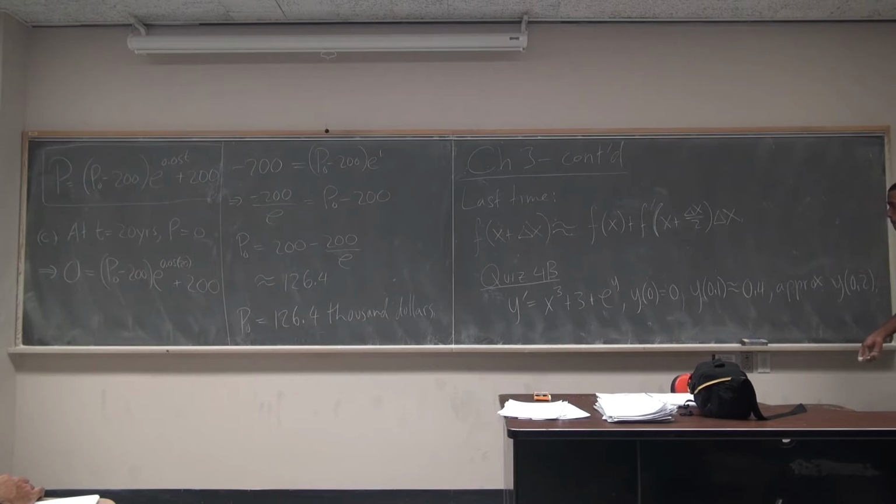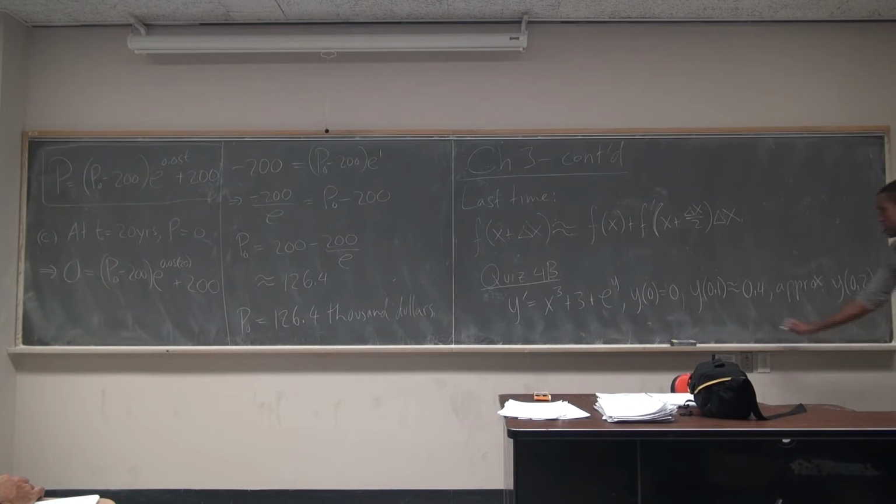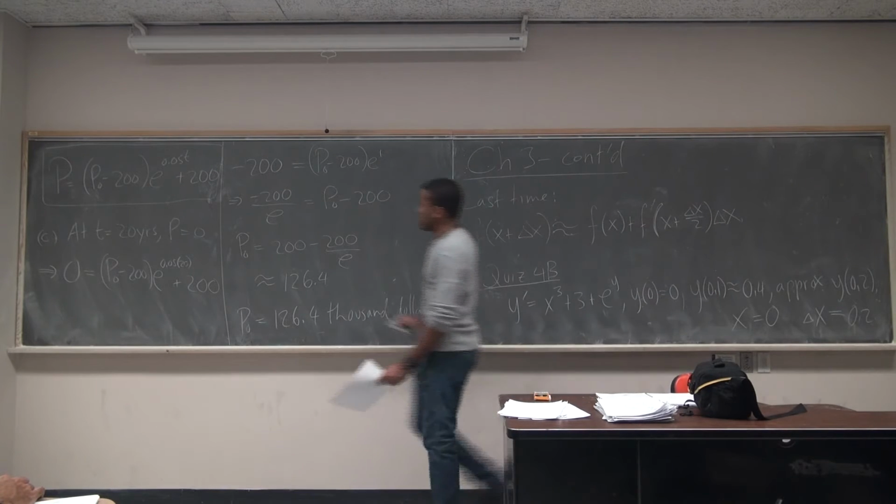So based on this, what is our x and what is our delta x for this problem? X is 0, and delta x is 0.2. Okay, so this gives us the following equation.